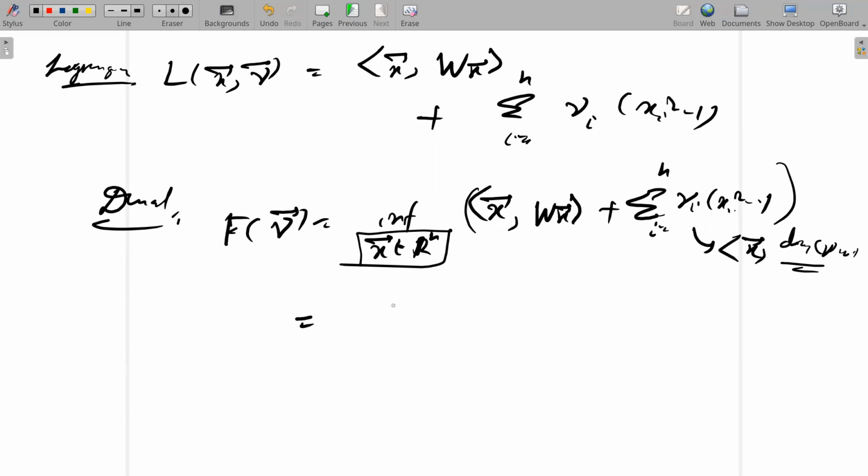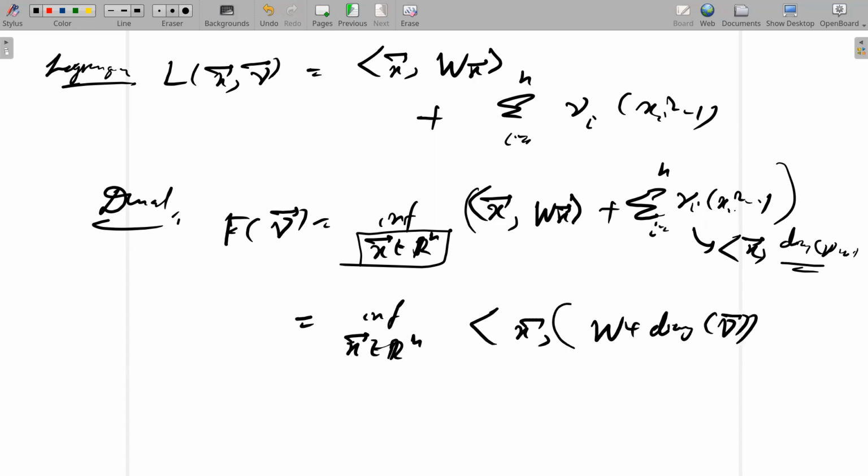So this infimum I can think of as x dot (W plus diag(nu)) x. That's exactly what I've written. I've isolated this term, and then you have a remainder term which is summation of nu_i, which I'm going to rewrite in this form. So this is just a vector of ones. When I take 1 transpose nu, that's nu1 plus nu2 up to nu-n.